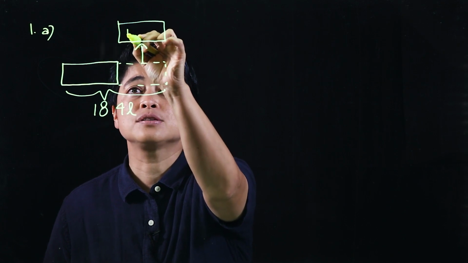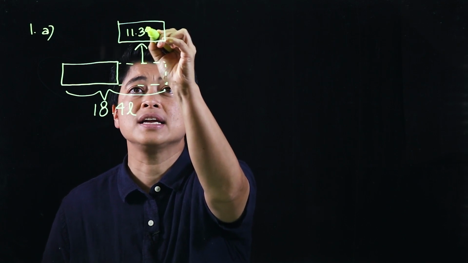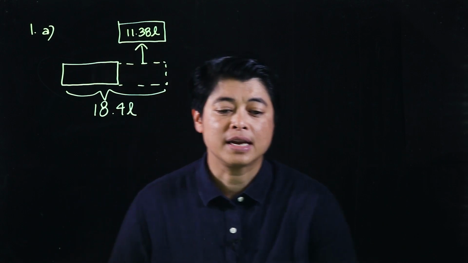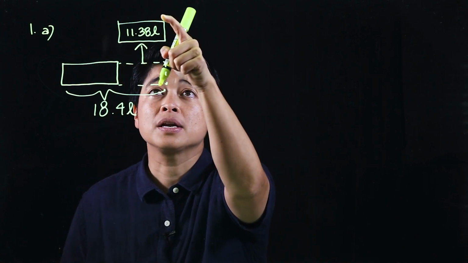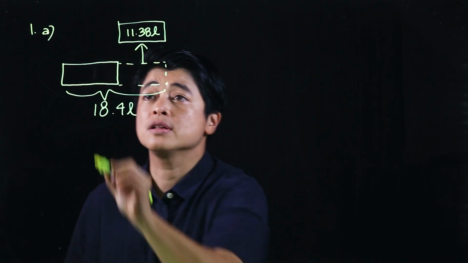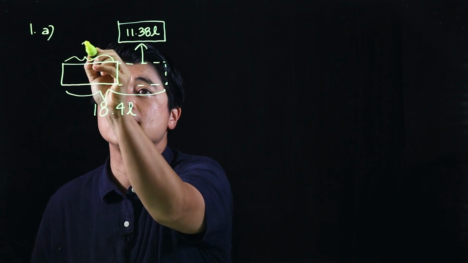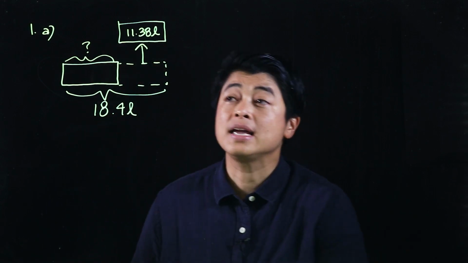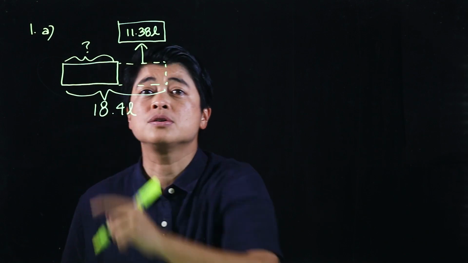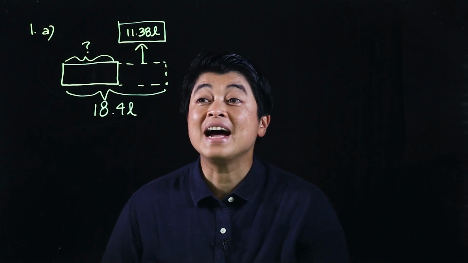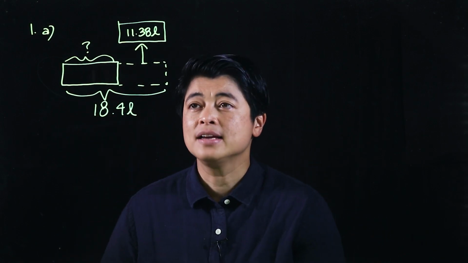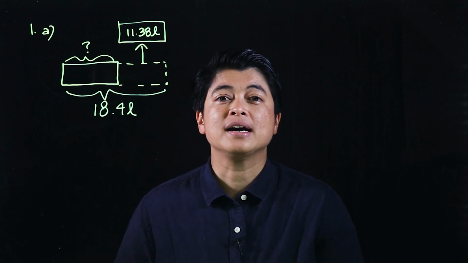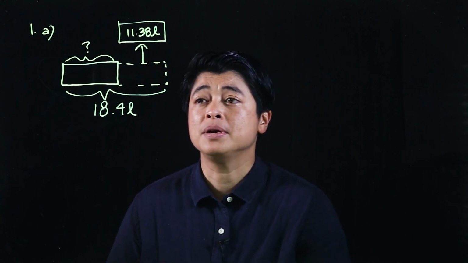Again, it's okay to put the values inside, or it's okay to put them on top. The next question says, what is left? Again, that question mark can also go inside. The fact that we're missing a part means this will be a subtraction problem.